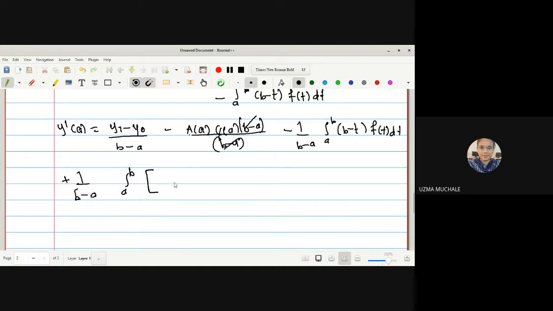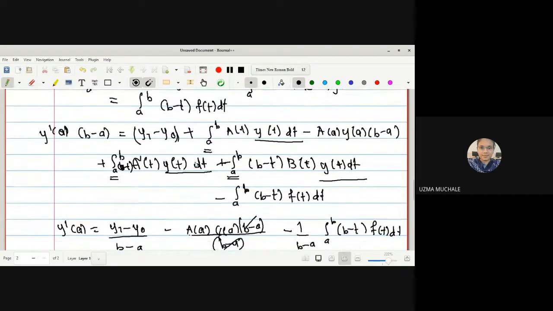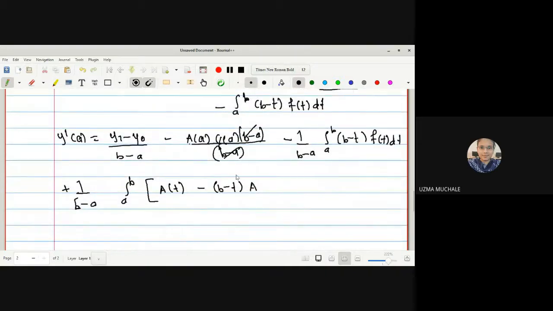Now let me write down what are the terms remaining in the bracket. A of t minus b minus t, what is the term? A of t. Next, in the next term it is a dash of t b minus t. Okay, in the next term we have b minus t capital B of t.